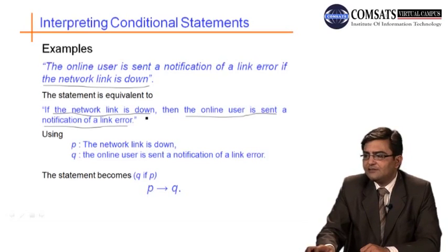If we say the first proposition as P, the network link is down, and Q, the second proposition, which is the conclusion, the online user is sent a notification of a link error, then this conditional statement can be written as, if P then Q, or P implies Q.